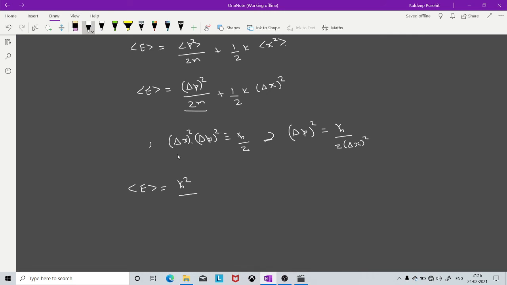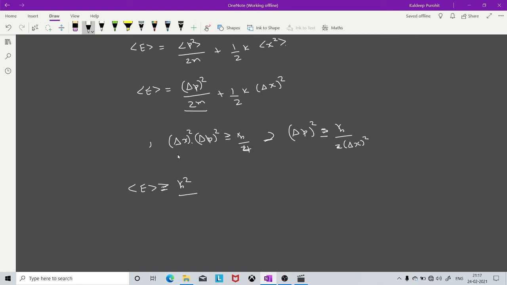If I am not using this notation of ground state energy, then I will write that delta x into delta p is always greater than or equal to h cross by 2, and delta p is always greater than or equal to this. So I can write greater than or equal to, where 2 is multiplied here and you will get, yeah, here I have to write 4.